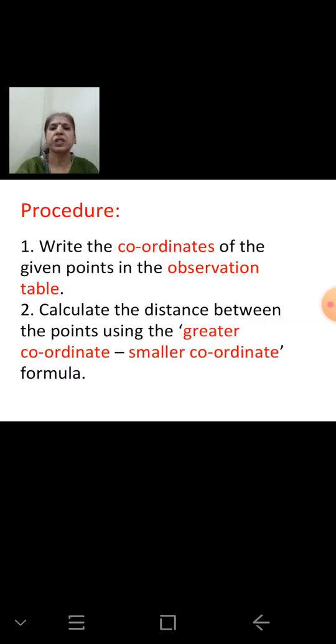Now what is the procedure? Write the coordinates of the given points in the observation table. Observation table is given. In that we will be writing the coordinates of the given points. Then we have to use the formula, that is distance formula. Calculate the distance between the points using the greater coordinate minus smaller coordinate formula.